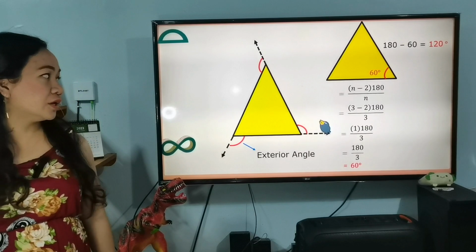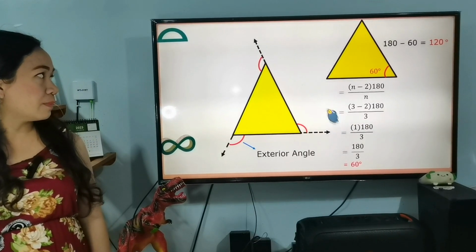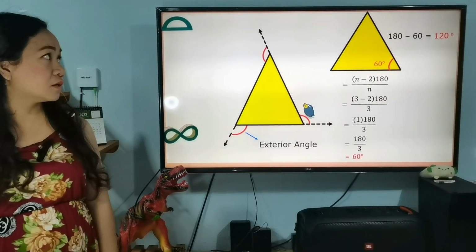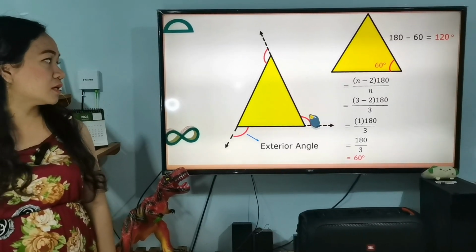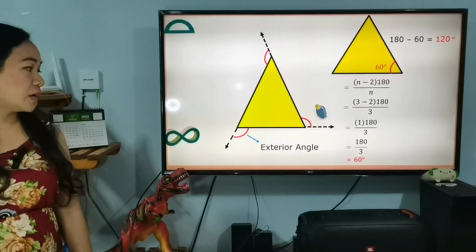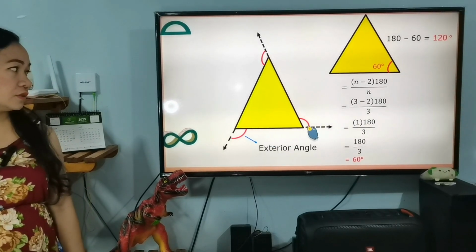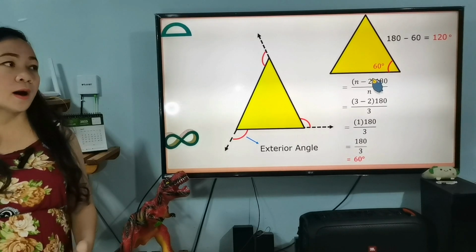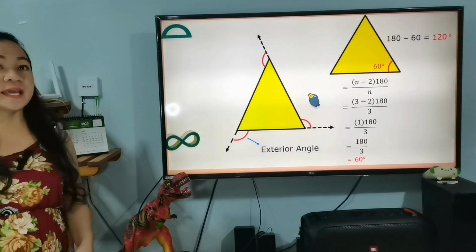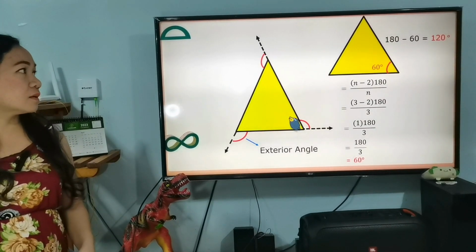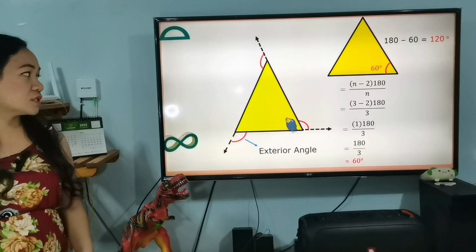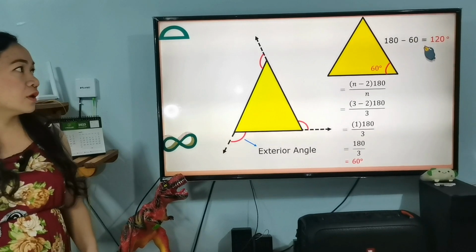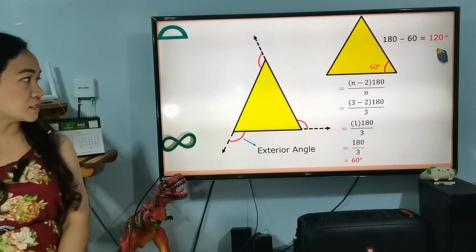So to get the exterior angle, going back to our first figure, we are going to subtract from 180 degrees, because this is already a linear pair. A linear pair, as we all know, measures 180 degrees. That's why we subtract 60 degrees, which is the interior angle, from 180 degrees, and we have 120 degrees.